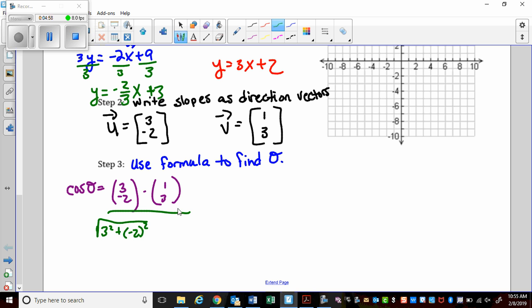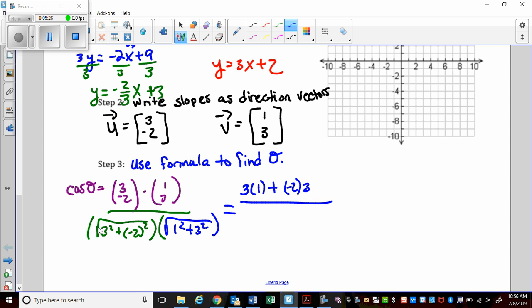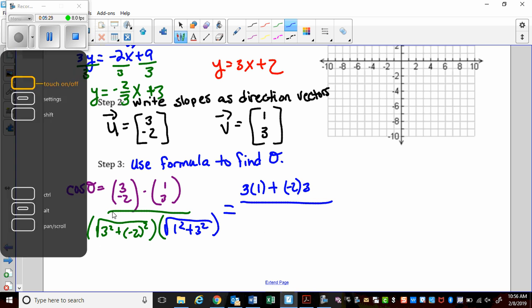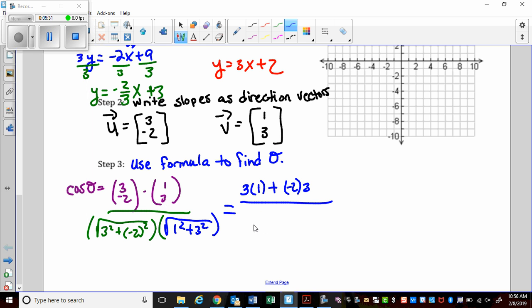Remember to use parentheses. Times the magnitude of 1 squared plus 3 squared. This is going to be 3 times 1 plus negative 2 times 3 over, this is 9 plus 4, square root of 13 times the square root of 10.